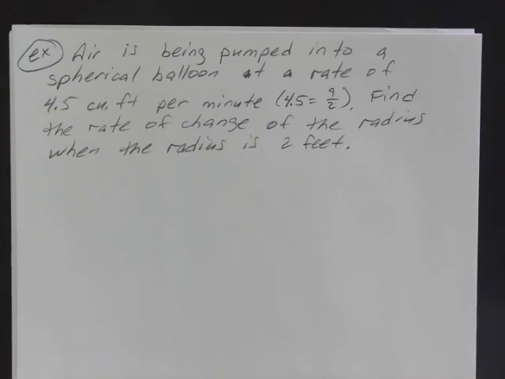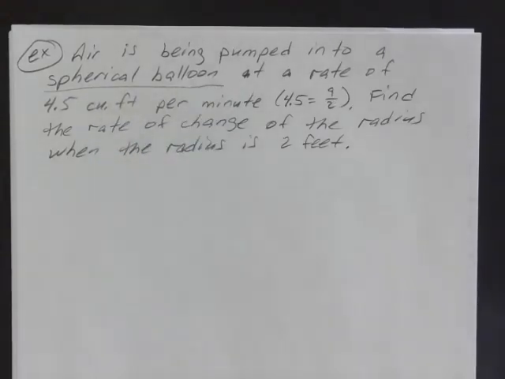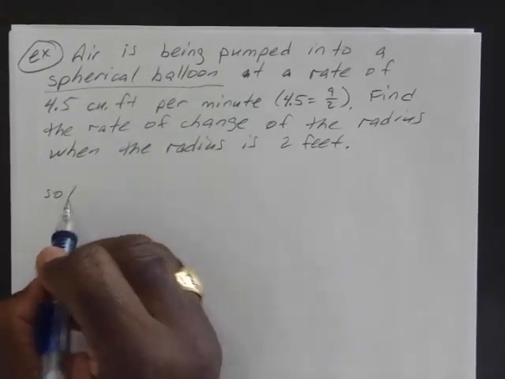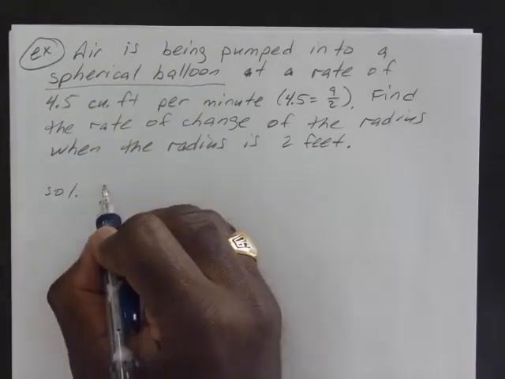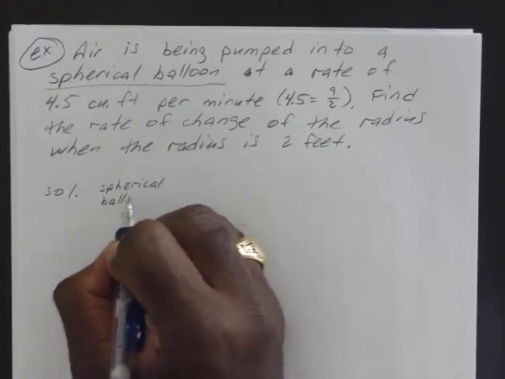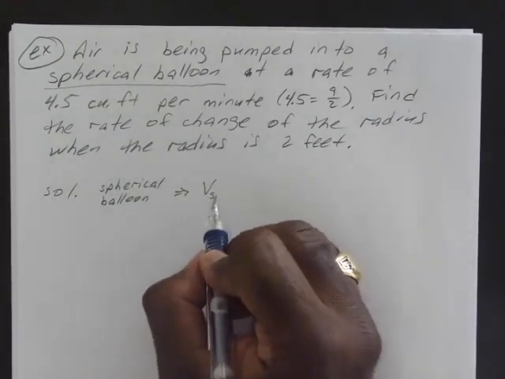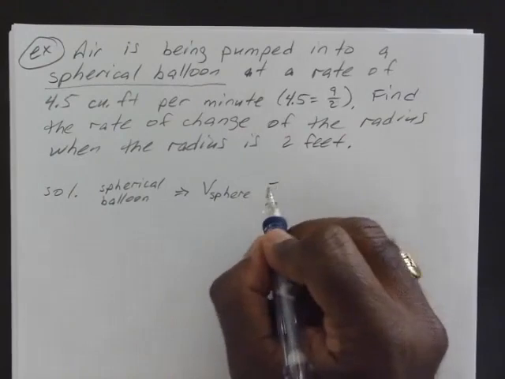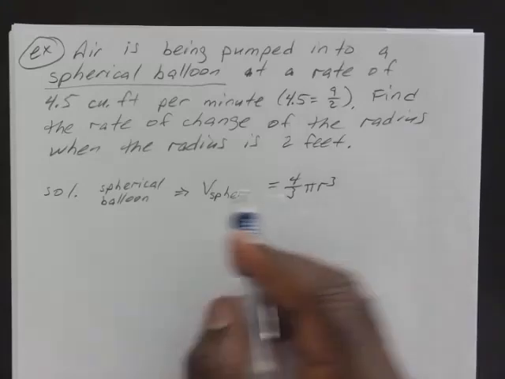So again, they didn't give us a primary equation, but look at the fact that it's a spherical balloon. Then we know that we're looking for the volume of a sphere. We know that the volume of a sphere is equal to 4 over 3 times pi times the radius cubed.